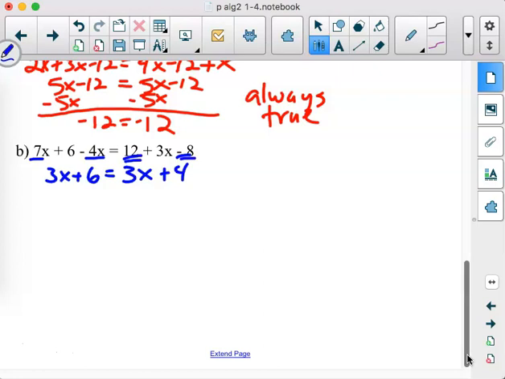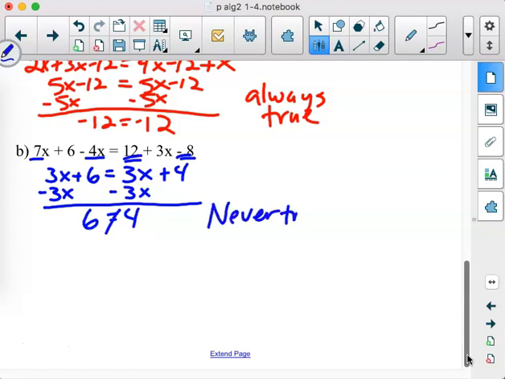Then we'd say, oh, 3 is a smaller one. Uh-oh. 6 equals 4. No, it doesn't. That's an obviously false statement. And this will never be true. And again, if they ask you what are the solutions, then you'd say there aren't any solutions. No solutions. But we're trying to follow the directions here with the never true piece.